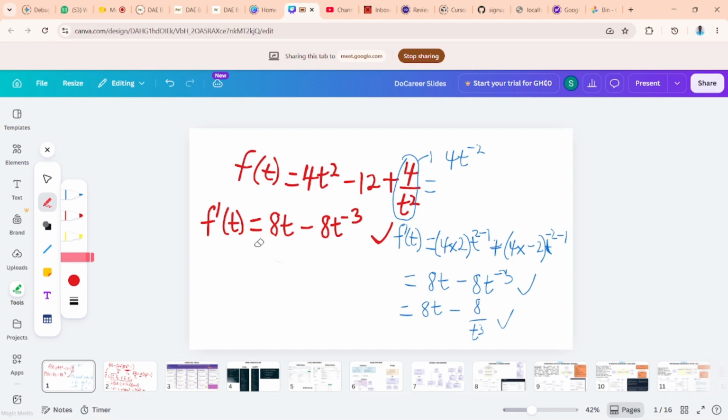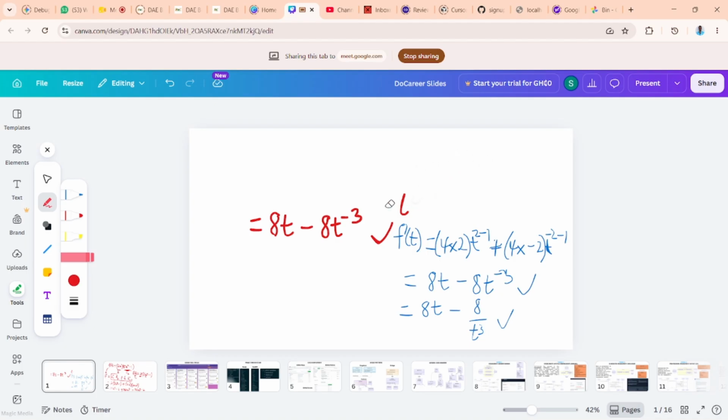So now the next one is an example that you will try on the product rule. Let me write it before I start screen sharing.